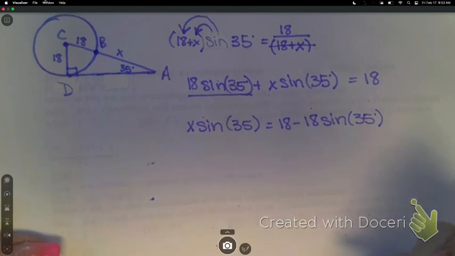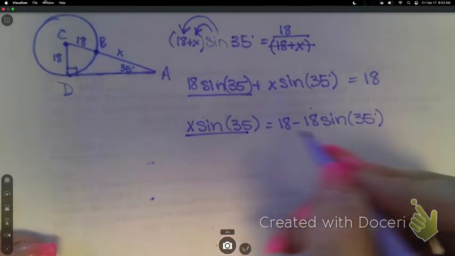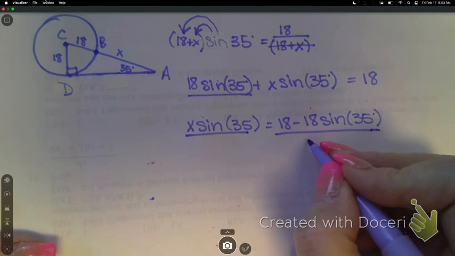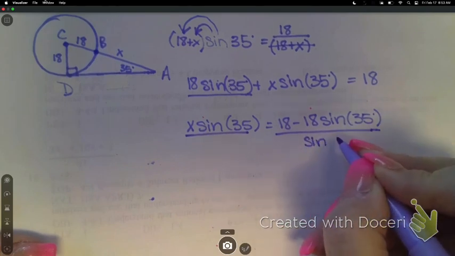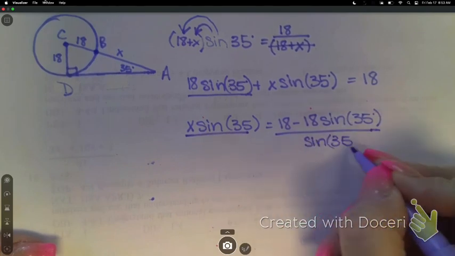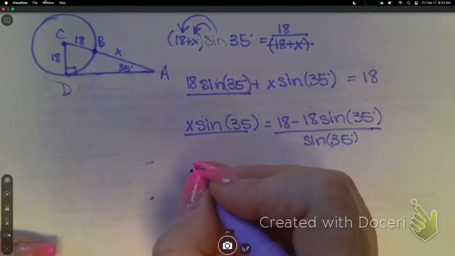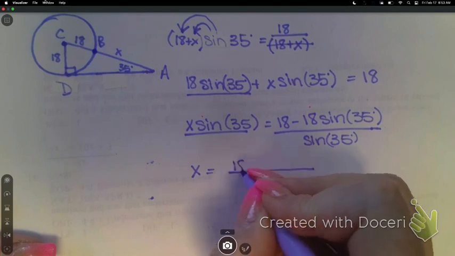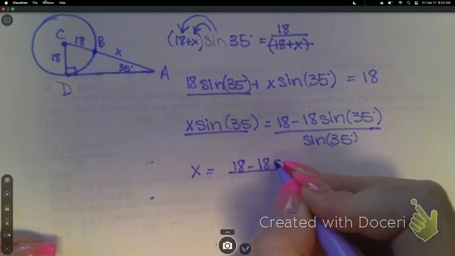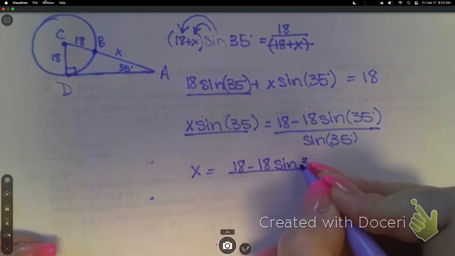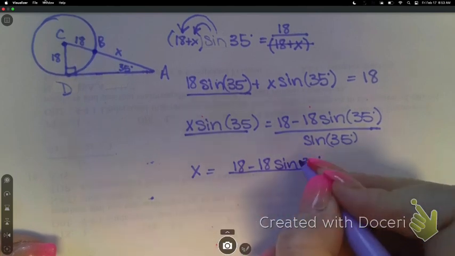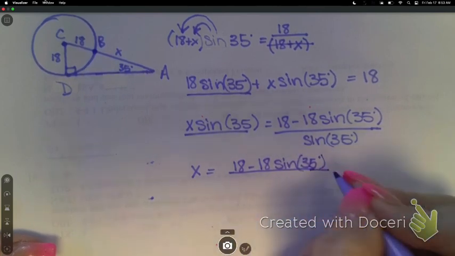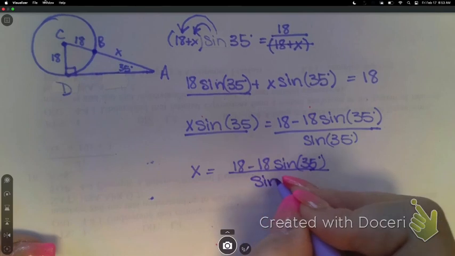Then divide by sine of 35. So x equals 18 minus 18 sine of 35, divided by sine of 35.